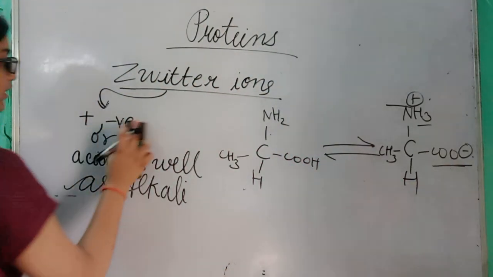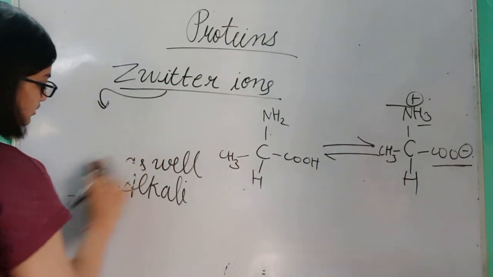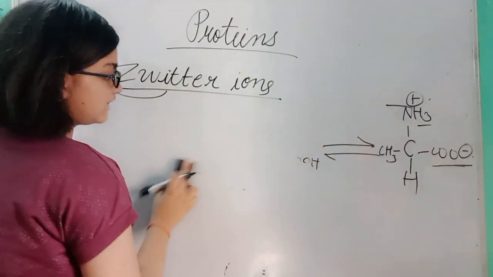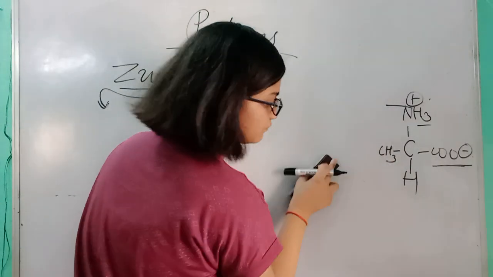Now, if this Zwitter ion structure is kept in acidic medium, it forms a basic ion, and if it is kept in basic medium, it forms an acidic ion.